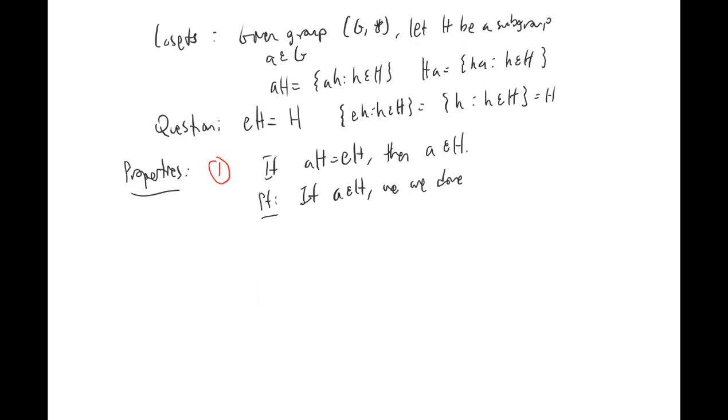I'm not going to prove everything from 120, 128, but this is an if and only if condition. If a is not in H, then this is easy. Then it can't be possible that these are equal, because H is a subgroup, so it must contain the identity.